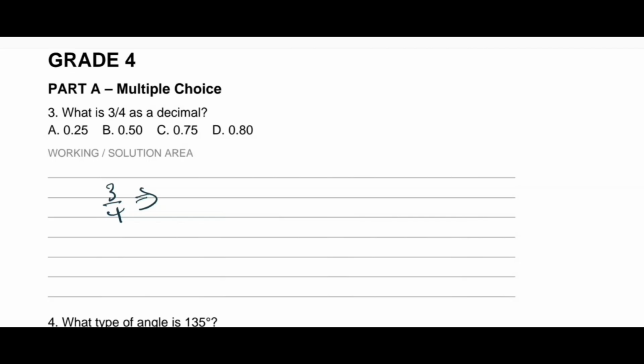Now, to be able to get that, you have to make sure that the 4 becomes 100. You ask yourself, what number, when multiplied by 4, will give me 100? What number is that? 25. Yes.